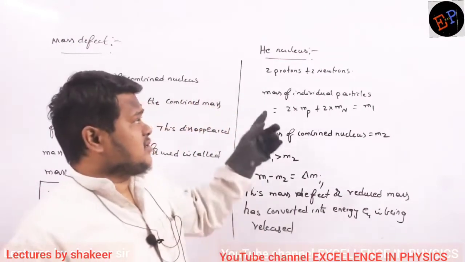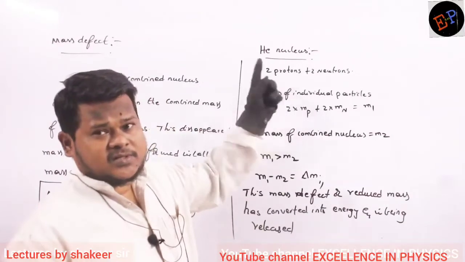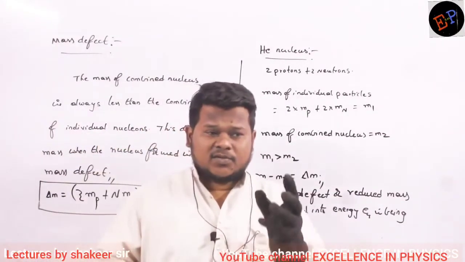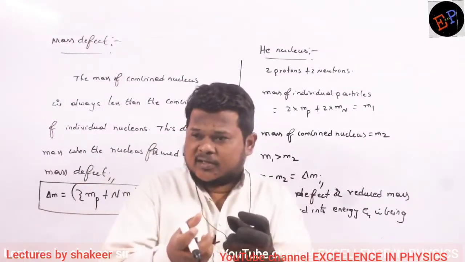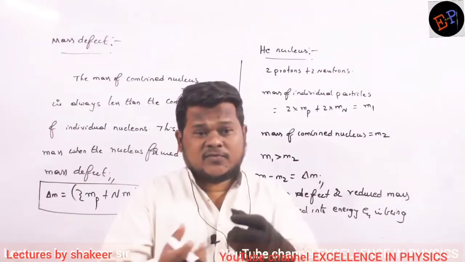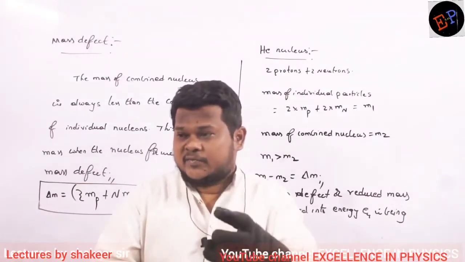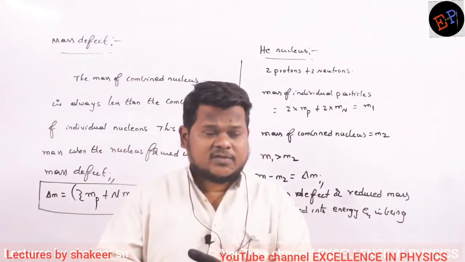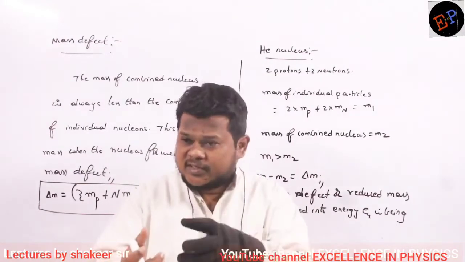Inside the nucleus, 2 protons are there. Protons are which kind of particles? Positively charged particles. So one proton is present beside another proton. Even though there is a very strong force of repulsion between one proton and the other, still they are present at the same position.